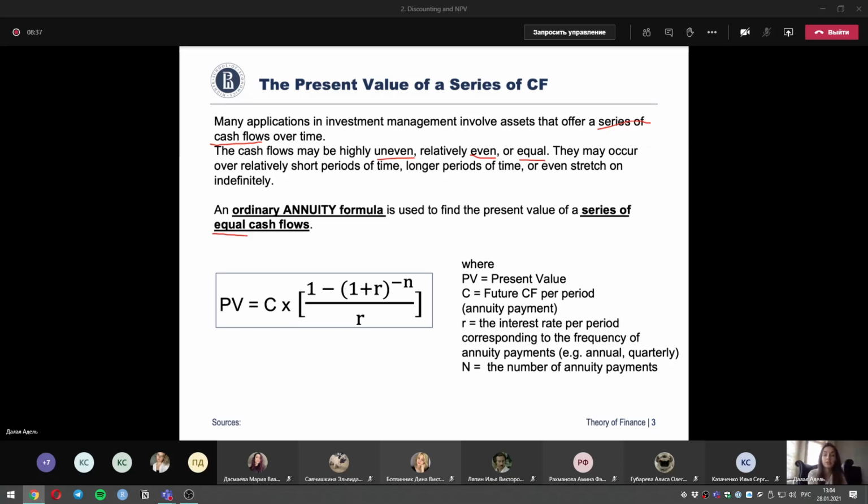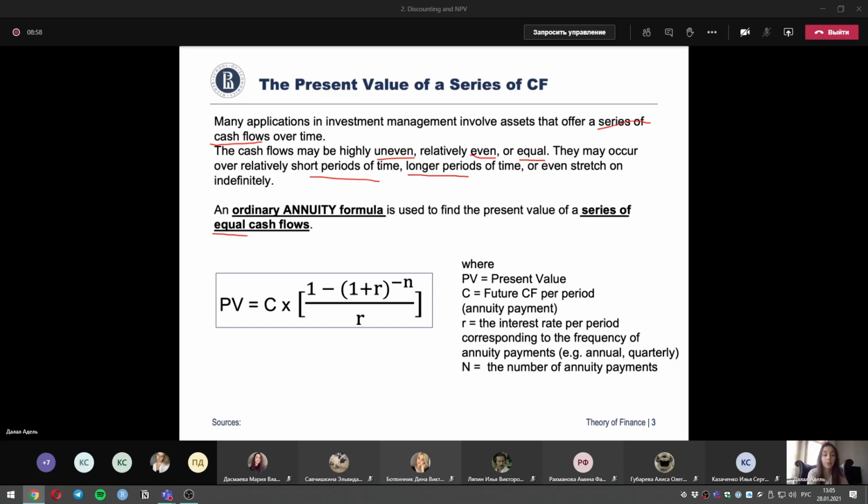This annuity formula works for equal cash flows over some determined period of time. Maybe a short period of time, maybe a longer period, but it should be a determined period of time in order to calculate it. So let's look at this formula.